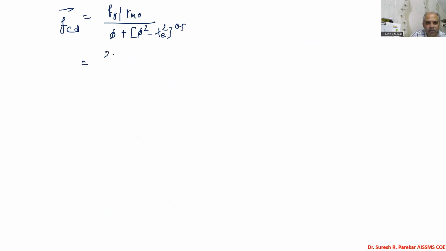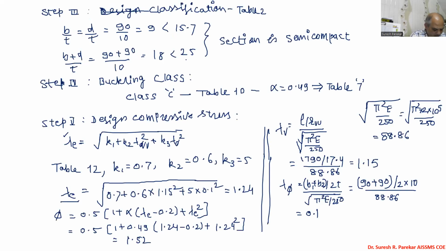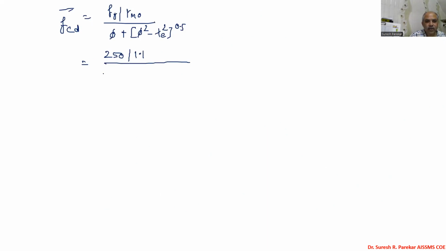If we substitute 250 divided by 1.1, the value of phi as 1.52, so we have 1.52 plus 1.52 square minus lambda, 1.24 square, to the power 0.5. If we calculate this value, we have 94.3 Newton per mm square.